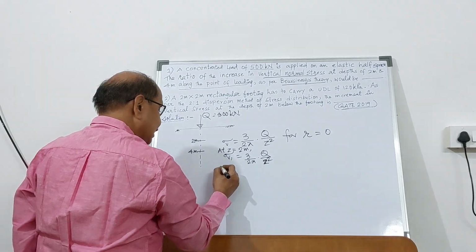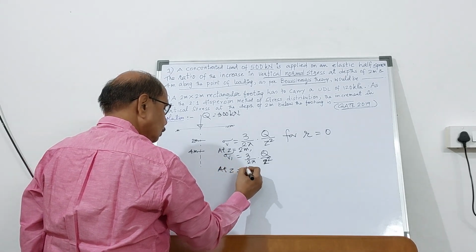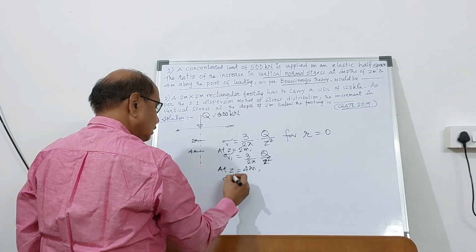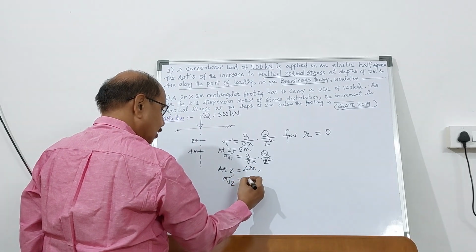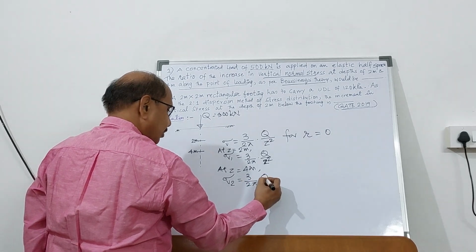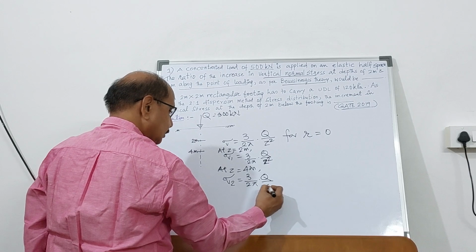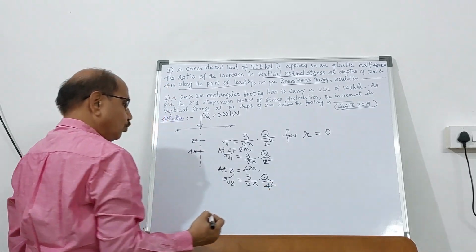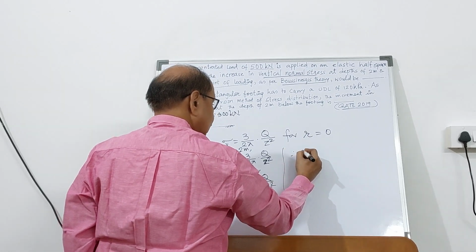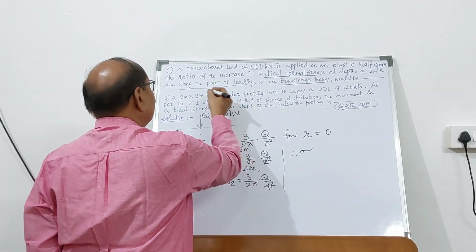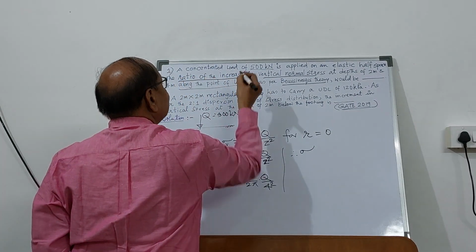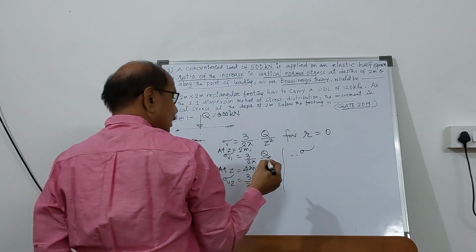Then similarly at z equal to 4 meter, we can find out sigma v2 equal to 3 divided by 2 pi, point load remains same, Q divided by 4 square. Therefore, as per given this problem, we will have to find out the ratio of the increase in vertical normal stress.